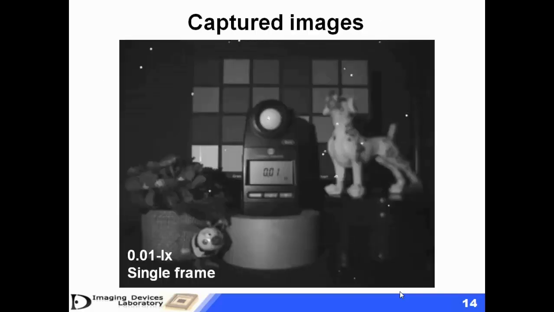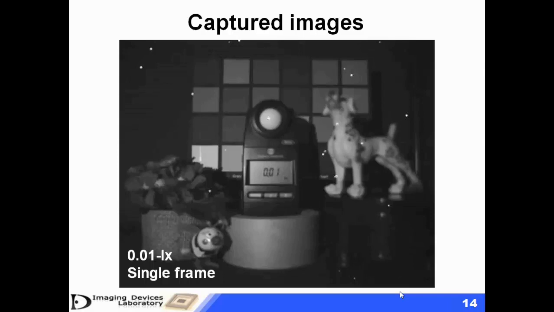And this slide shows an image captured by our developed sensor. This is a very dark scene, 0.01 lux. But using our developed sensor, the targeted object is clearly represented.